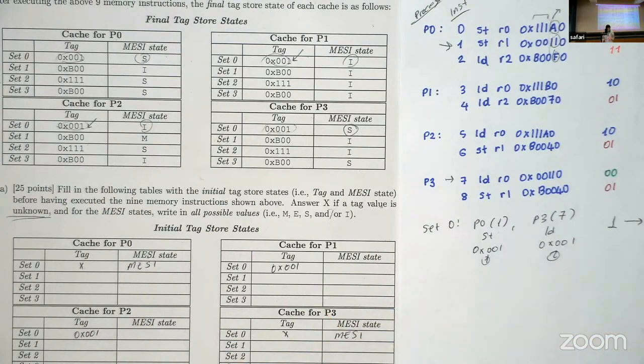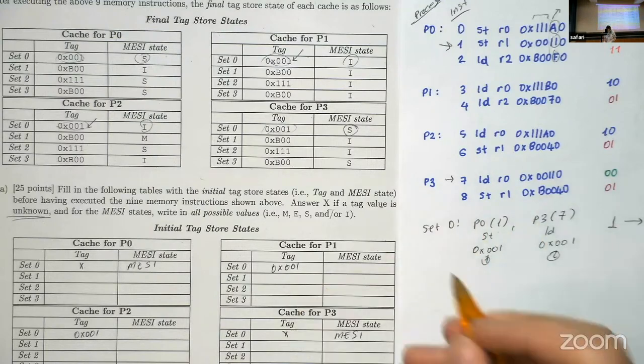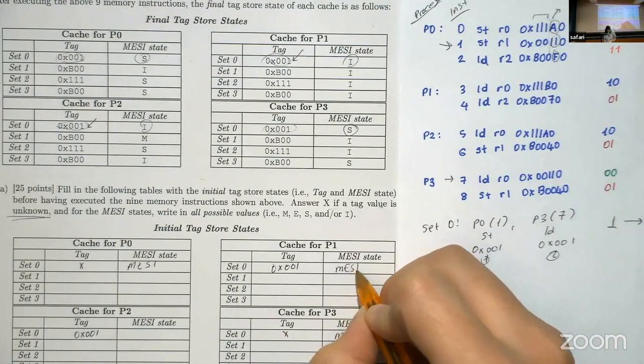And we again don't know the states, because in the beginning any of these processors could have written back to it, or they could also both have read it and have shared states. So again, all states are possible.